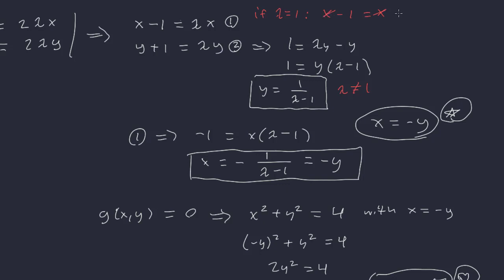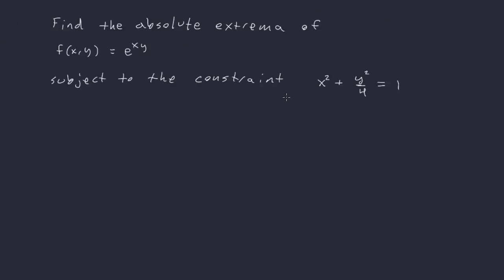And the x's would cancel, and we get negative 1 equals 0, which is total garbage. So this is a safe assumption to make because lambda is not going to be 1, or else this would all fall apart. Okay, I just wanted to specify that before we move on to the next example.